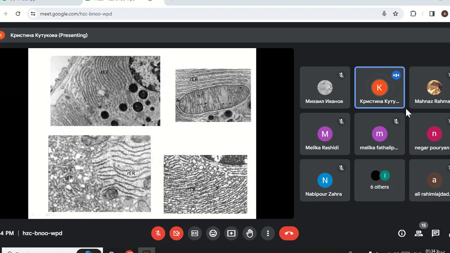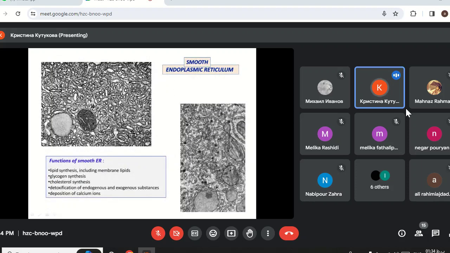Another example of rough endoplasmic reticulum, and here rough and smooth endoplasmic reticulum. Smooth endoplasmic reticulum consists of different vesicles, tubules, different shape cisterns. Another example of it. And the functions of smooth endoplasmic reticulum include synthesis of lipids, including the membrane lipids.